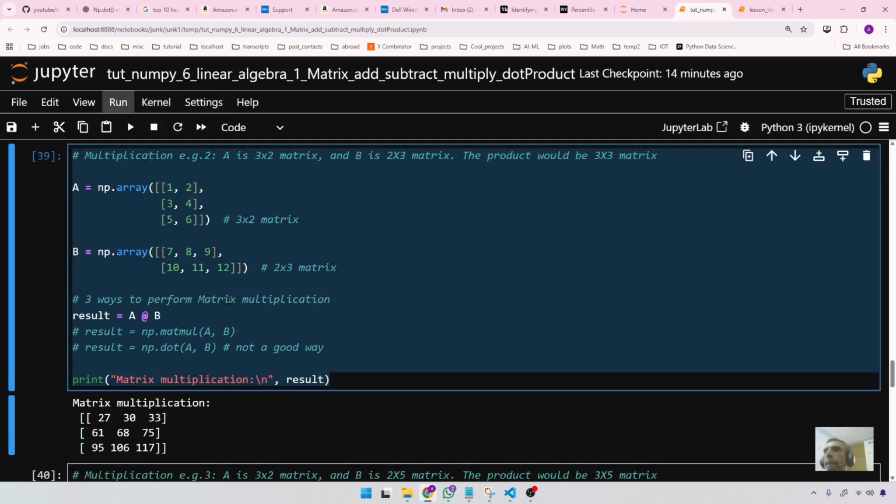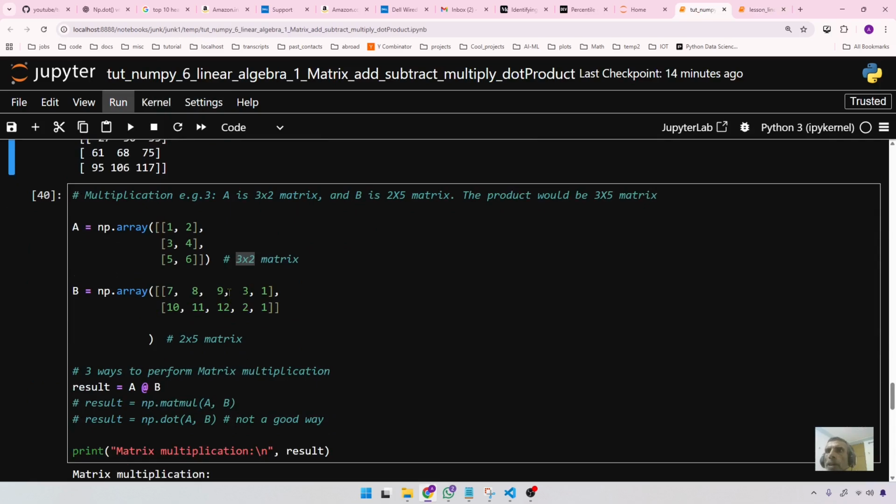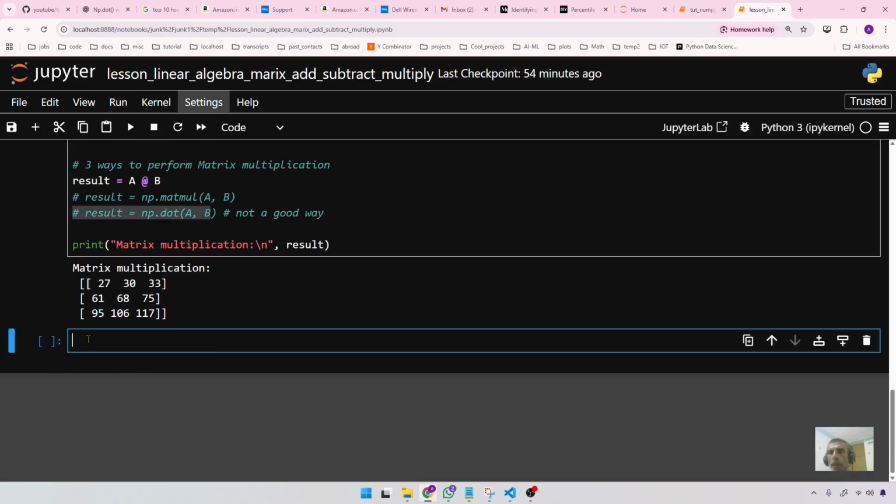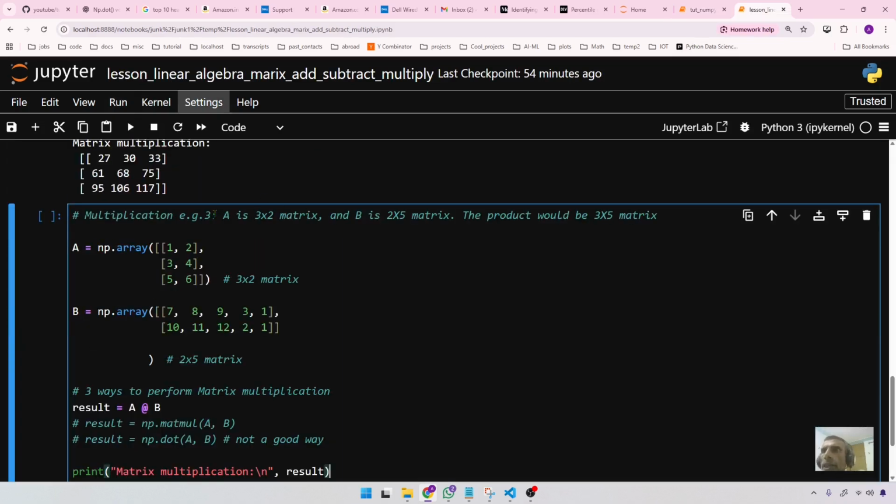Now let's do one last example of matrix multiplication. In this case, my A is 3 by 2 and my B is 2 by 5. So your 2 is the same as this 2.